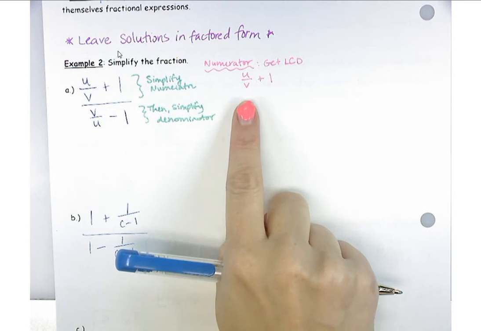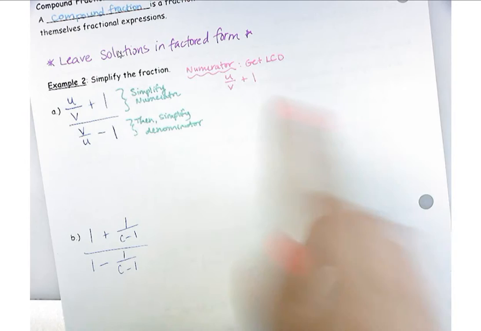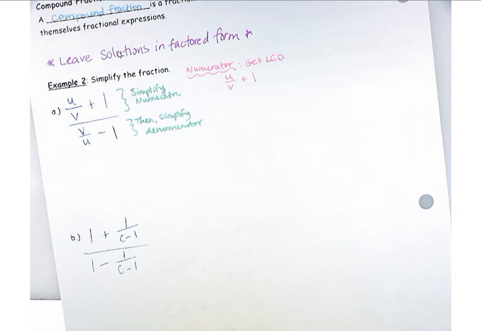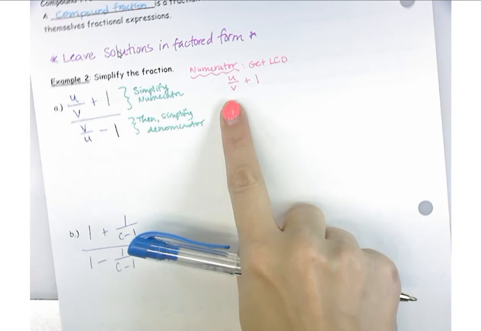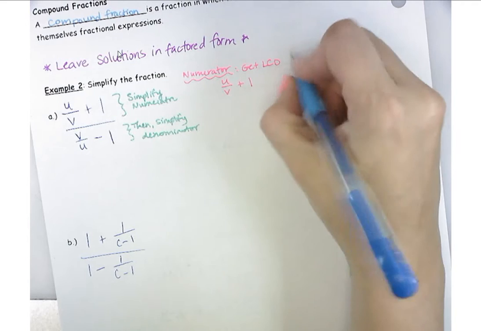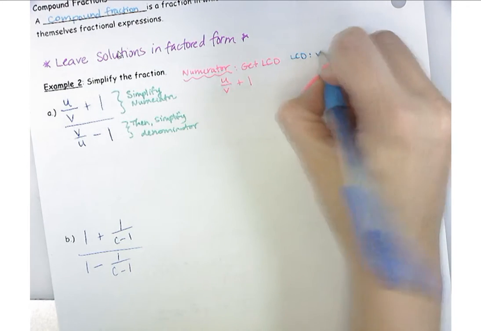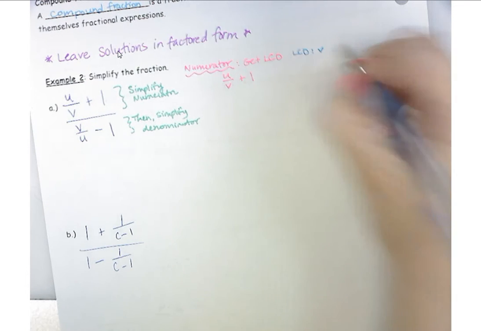Yep. And then for this one, our denominator is 1. Yep. So then the LCD is just going to be 1 times v, right? When you're picking out your LCD, I always start with the bottom of the first one, so it would be v. The bottom of the second one is 1, so it would be times 1, which would still be v.